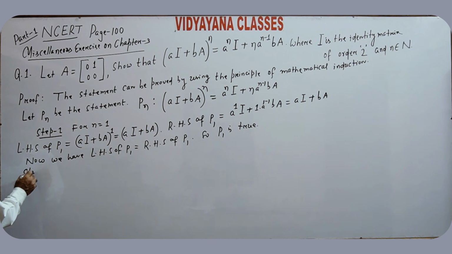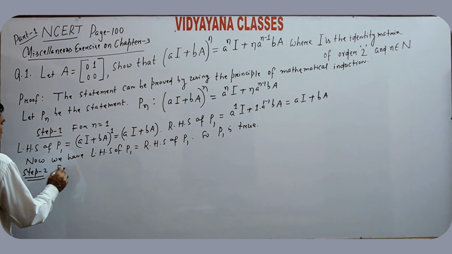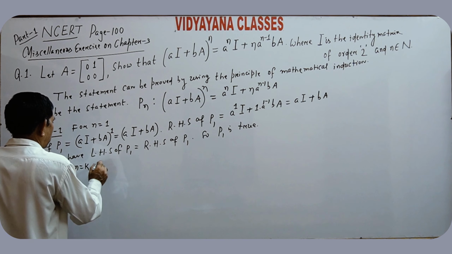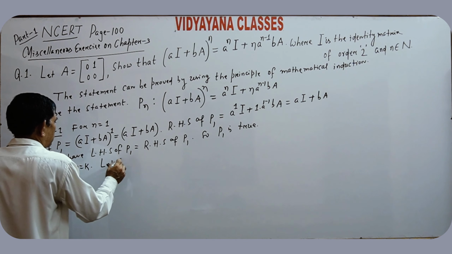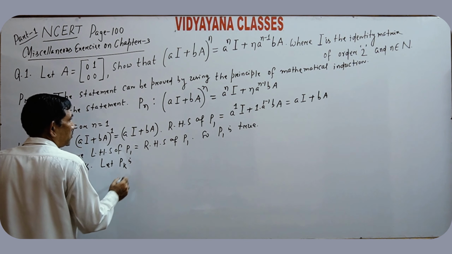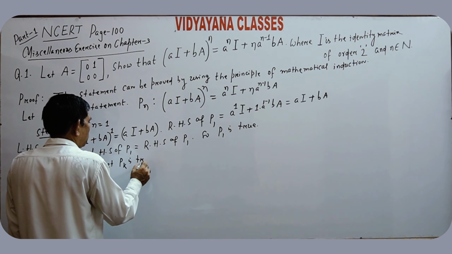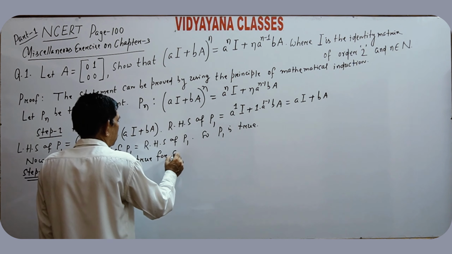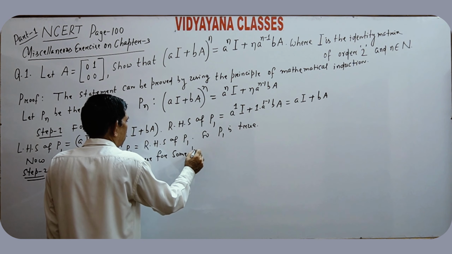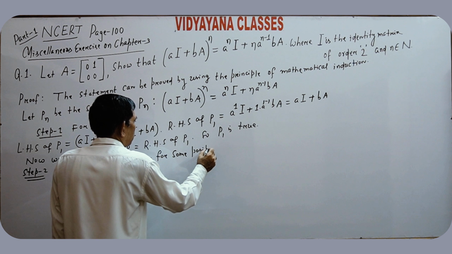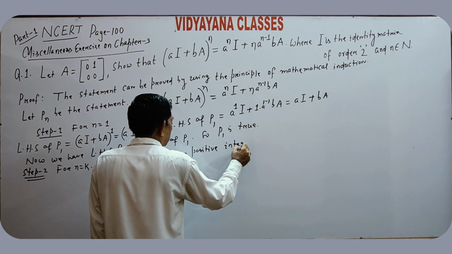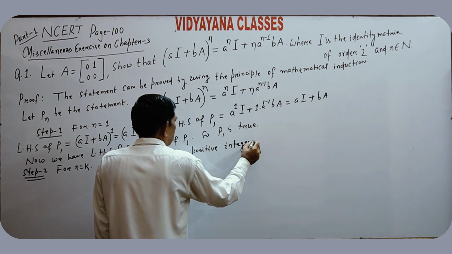Step 2. For n is equal to k. Let P(k) be true for some positive integer k.